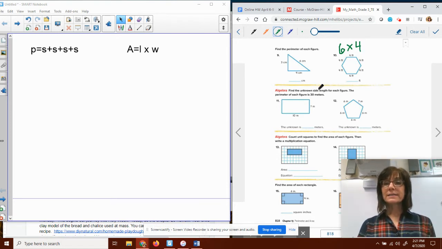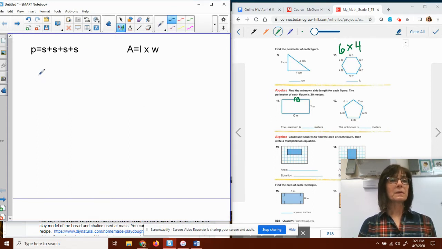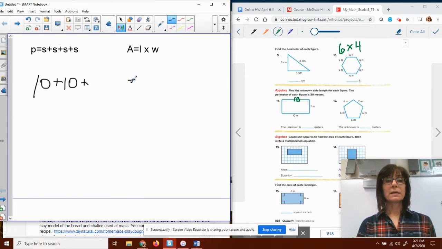Find the unknown side length for each figure. Then the perimeter. The perimeter is 30. So if I know this side is 10, well, then we know this side, of course, is 10. Now, what they're saying is if I said 10 plus 10, plus something else, I just don't know, it's going to be my 2 sides there, is going to equal 30.